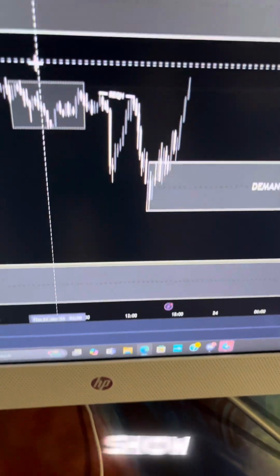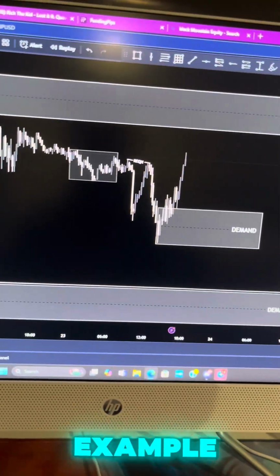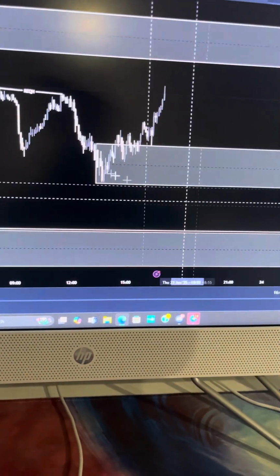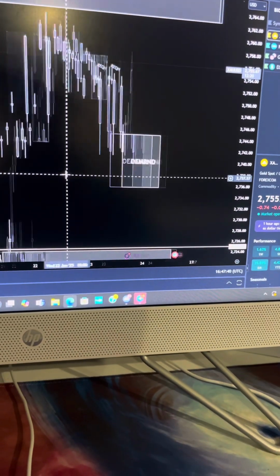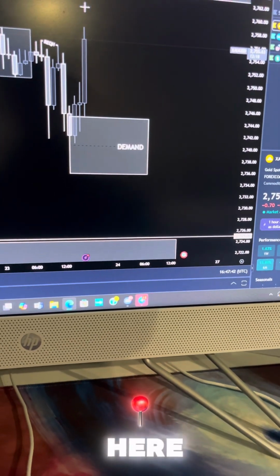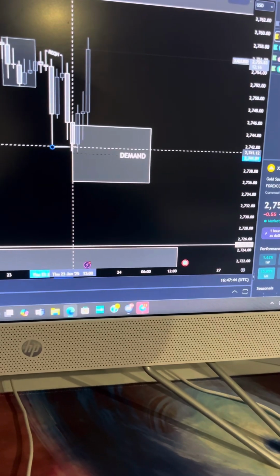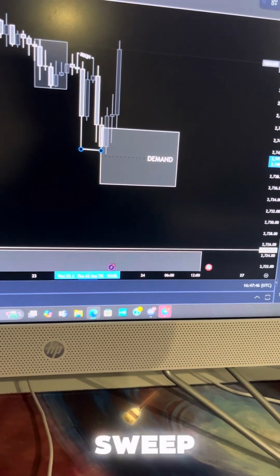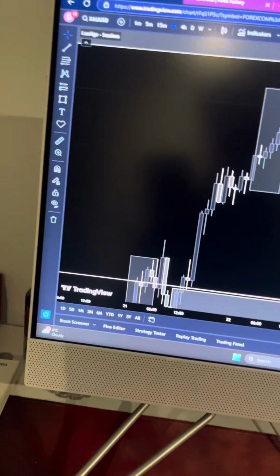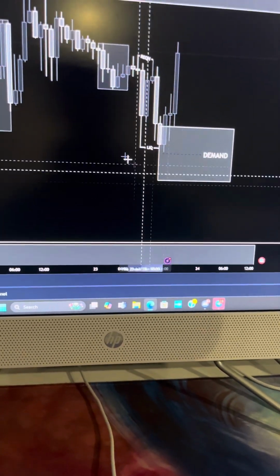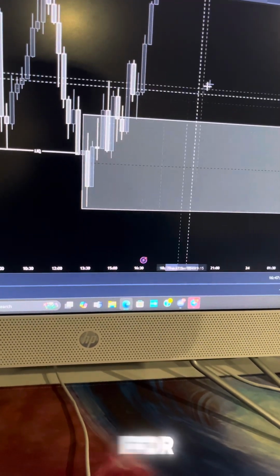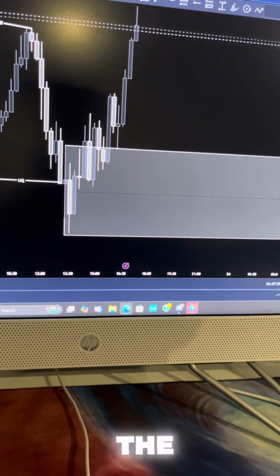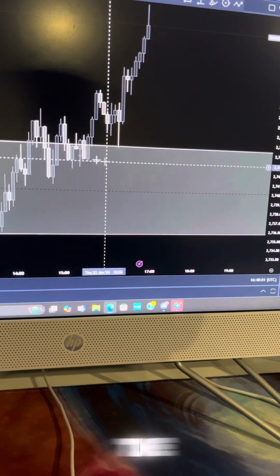Demand. Let me show you a demand example. Go on the 5 minute. I'll go on the hourly to see the sweep first. See right here, we get that sweep of liquidity there. So we've got our hourly liquidity sweep that we were looking for. We get price displacing to the upside. We're going to go on a 5 minute and a lower time frame.